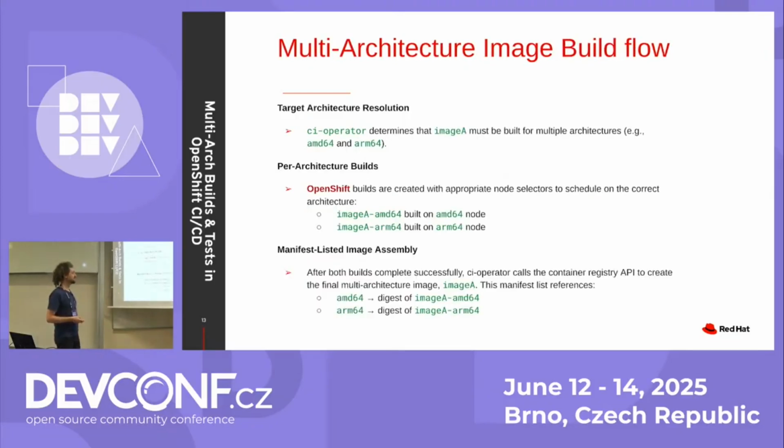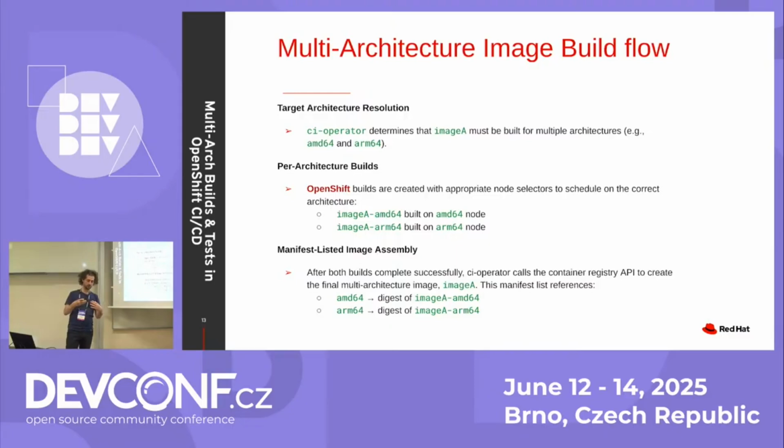And how do we do it? I hear some thoughts like OpenShift builds don't support it, right? So what we do: we understand that we need to build an image for 2 architectures, 3 maybe, or whatever. In this example, AMD and ARM. So we schedule 2 OpenShift builds, one with a node selector for AMD and one for ARM.